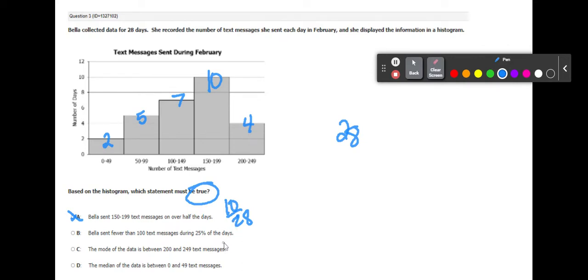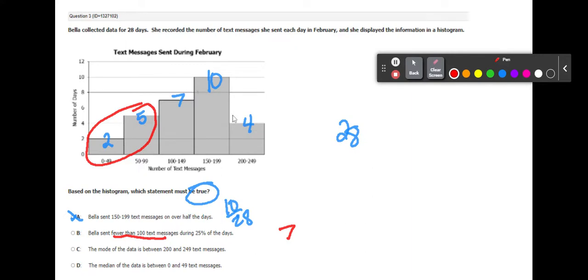Bella sent fewer than 100 text messages during 25% of the days. Okay, 25% of the days. So let's look at this one. Fewer than 100 is these two, and that's 7. So this says, is that 25% of the days?